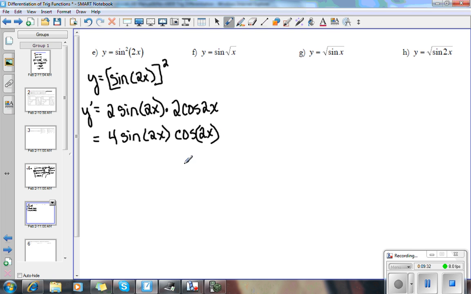Okay, going to kind of make a leap here. And remember when I said that sine 2x equals 2 sine x cosine x was an identity, then I can rephrase this.